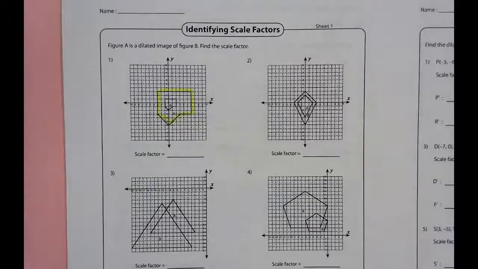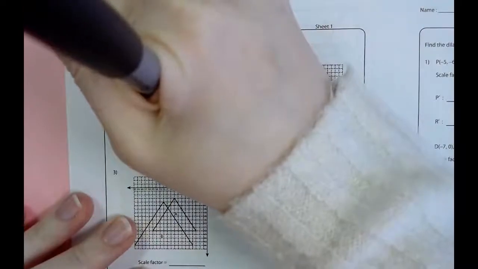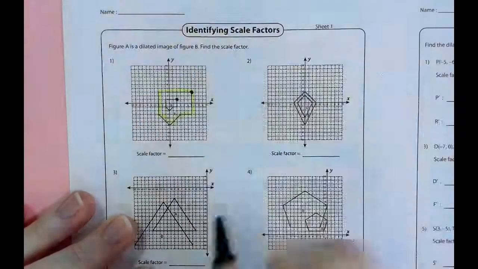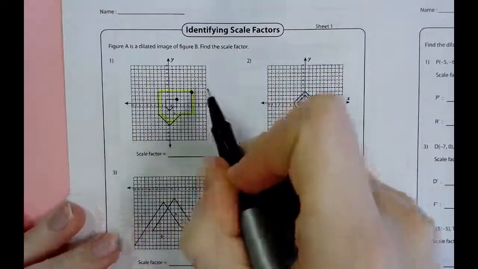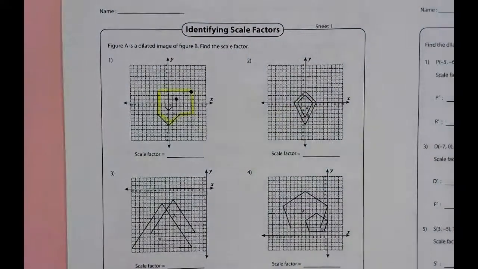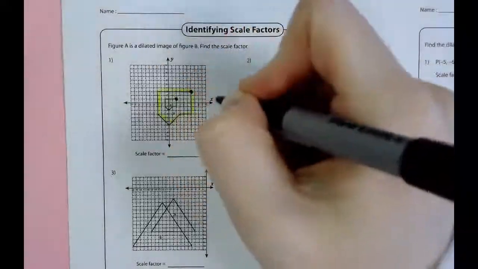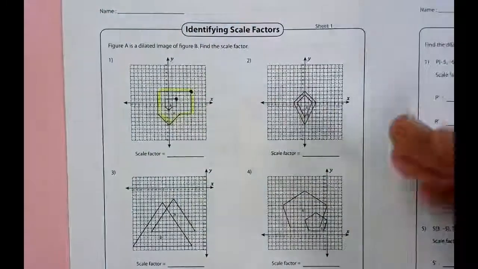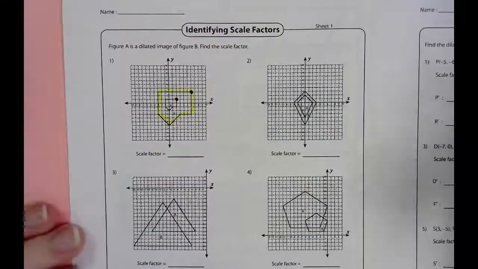Now, the most helpful thing is to just identify 2 points that are similar to one another. And so I'm going to do this one here and this one here, so the far right corner points. The reason I'm going to work with those is because they're in the first quadrant, which is positive and positive, so it might make things a little bit easier for me.